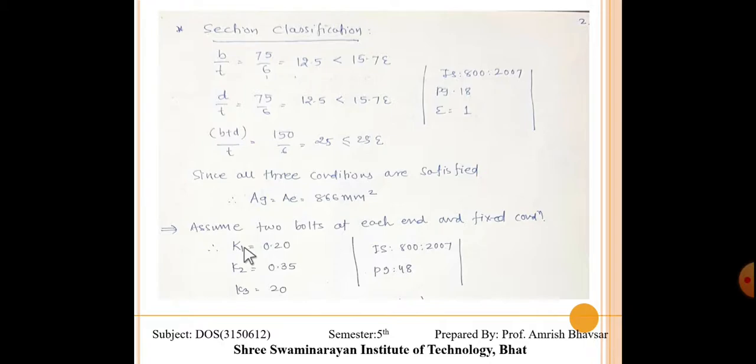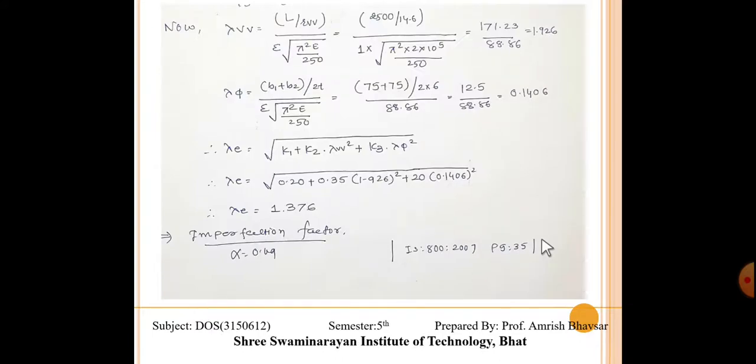So for that we have to assume two bolts at each end and fixed condition. For that we have K1, K2 and K3, which is given on page number 48.